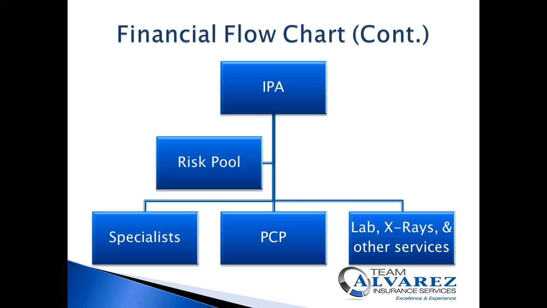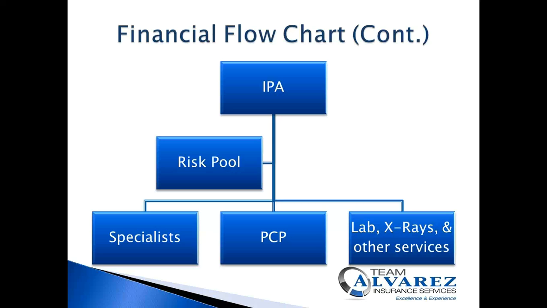Usually PCPs receive, again, the standard model is capitation, but there are other payment arrangements. Remember, capitation is a projected bundled payment of X amount of dollars per member per month. The IPA is also responsible for paying each specialist visit.